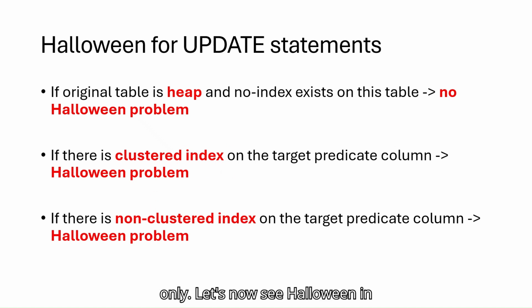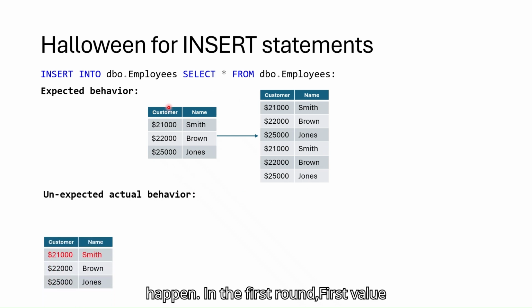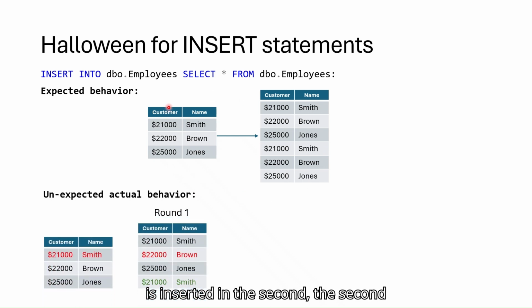Let's now see Halloween in insert statements. Suppose we are running this statement, inserting employees into employees. Okay, the same table we are again inserting into. We expected this outcome. However, this does not happen. In the first round, the first value is inserted. Then the second value.